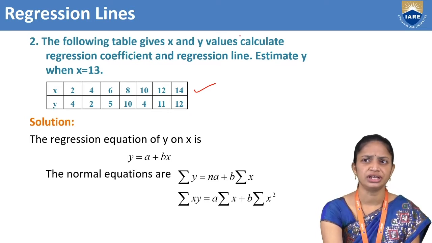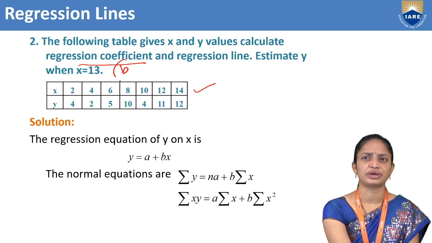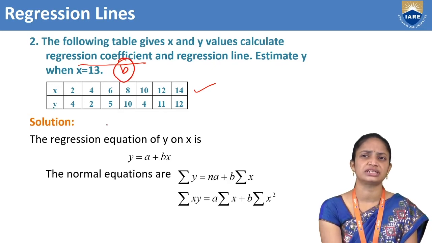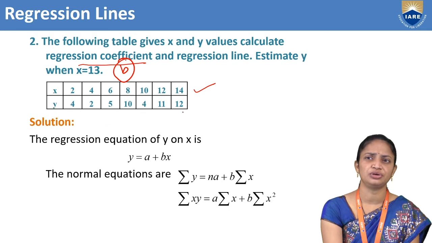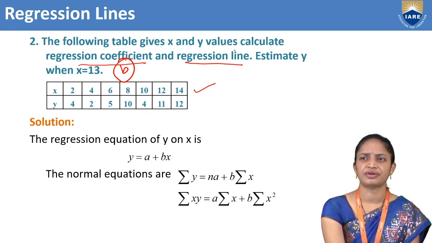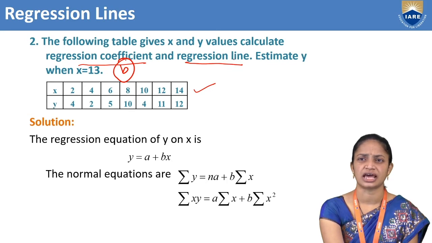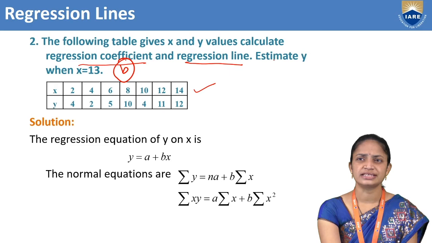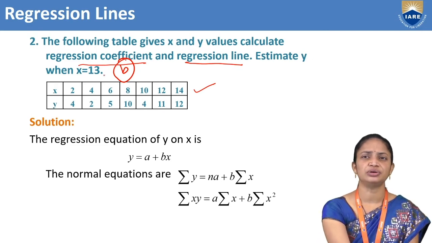So here we need to calculate regression coefficient, which is nothing but b. We need to find b and also the regression line, that is the regression equation. After that we need to estimate y when x equal to 13.